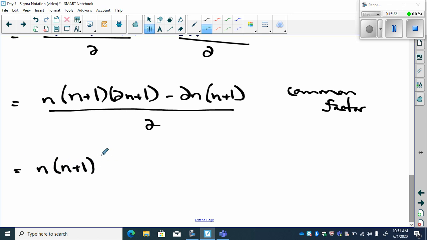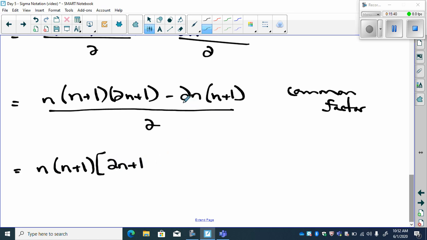What it means to take out a common factor is to divide all of the terms in the numerator by the common factor. If I divide this term right here by the common factor, I would be left with 2n plus 1.